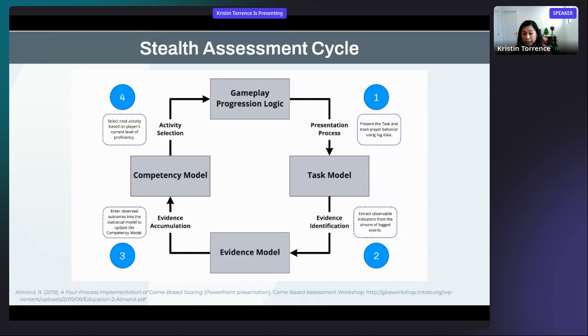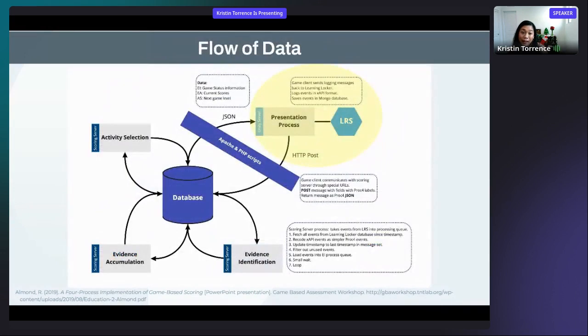And number 3, those indicators are then evaluated as part of the evidence rules, and then these outcomes are fed into the competency model. And then based on the predicted competency levels, the game selects the next activity to present to the learner, and then the cycle restarts. So let's look at sort of the mechanism behind that.